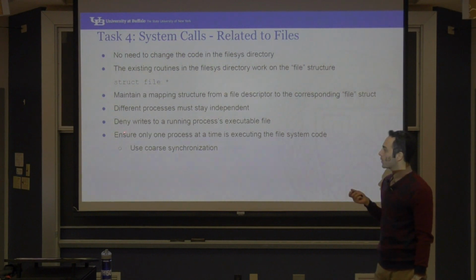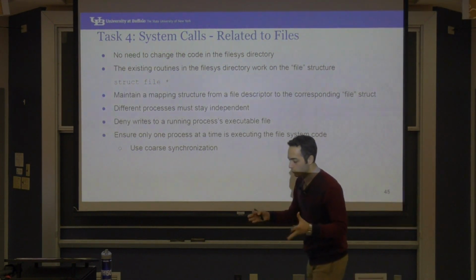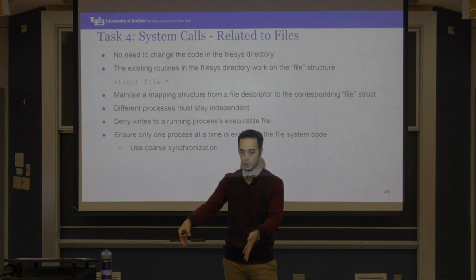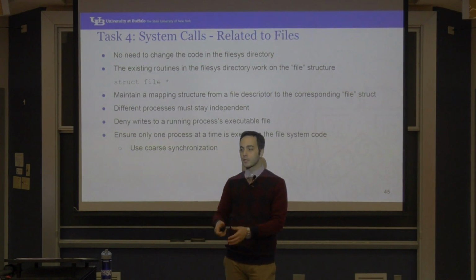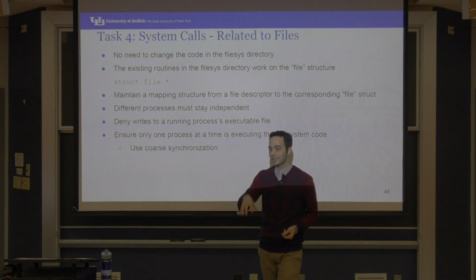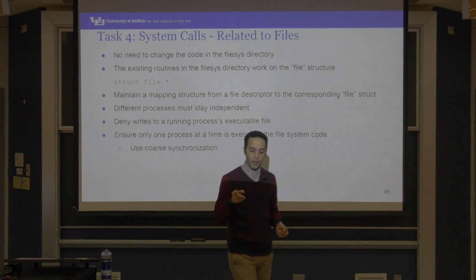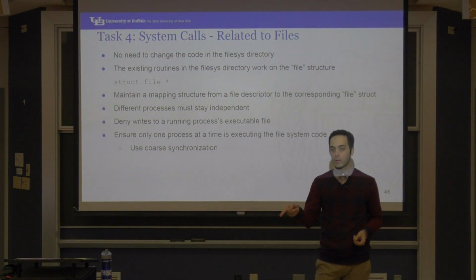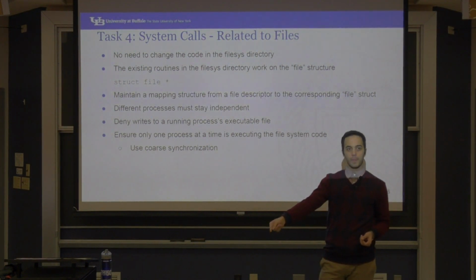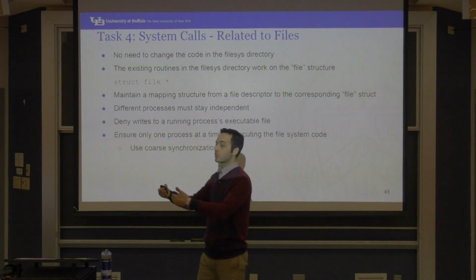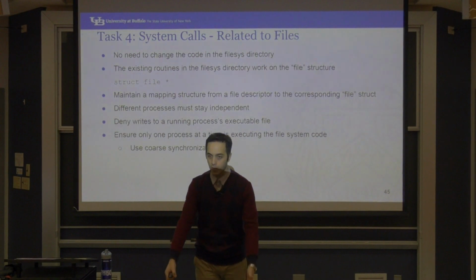And then also you have to implement denying writes to the running process's executable file. Remember, this process is running from an executable file on the virtual disk here, right? So as long as this process is running, no other process should be able to open and modify, write basically, to that file. Okay? So you have to be able to tell if a process starts off a file here.